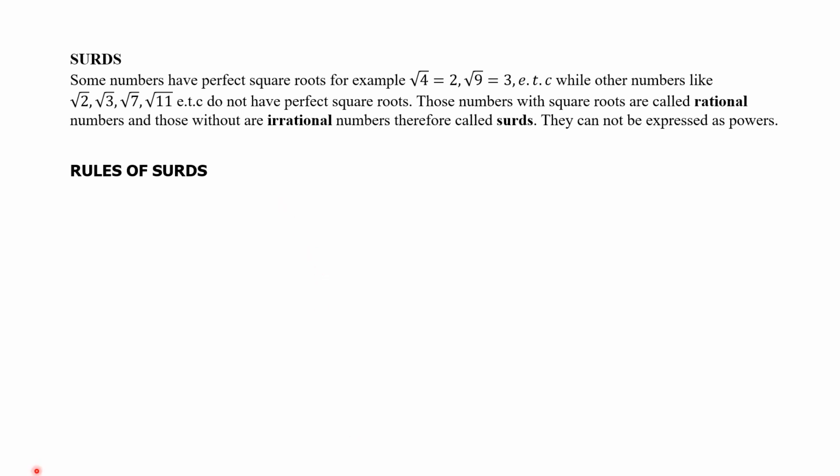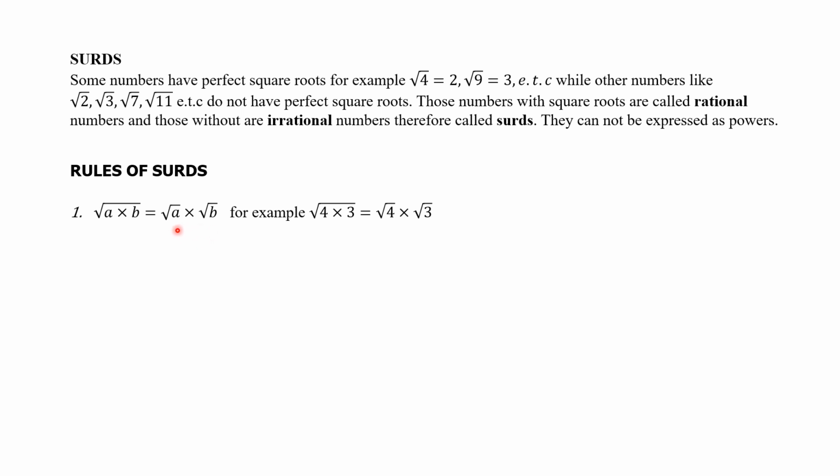Then we go to the rules of surds, or the rules that are going to govern us while we are simplifying numbers in examples. So the first one there: if I have the square root of a times b, where a and b are under the root, I can simplify by taking the root of a times the root of b.